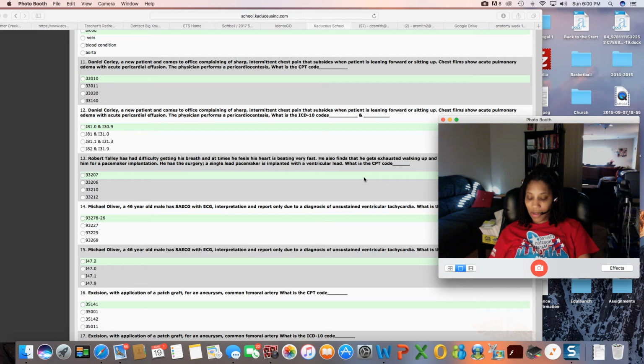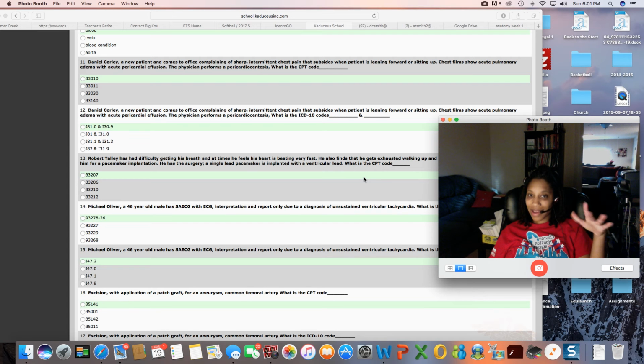This particular question is listed under aneurysm because that is your condition. And the only thing that may have thrown you off or should have given you problems is if you were looking for common femoral artery, it's just under femoral. Because if you look above, it says common iliac. Don't let that throw you.